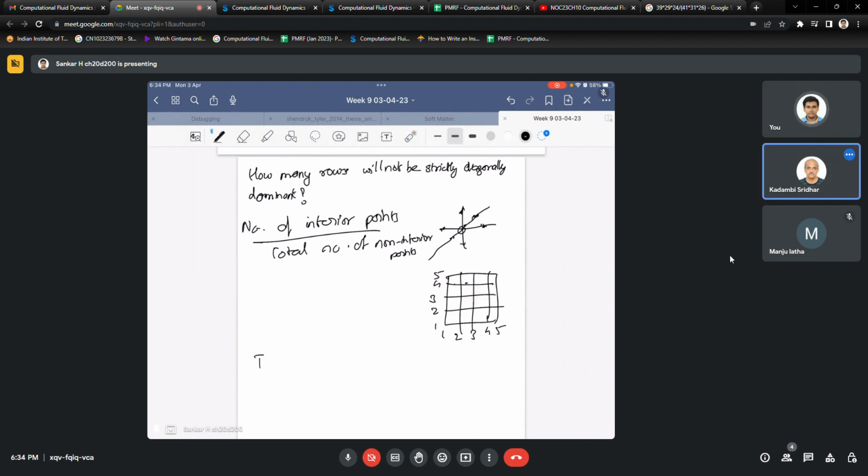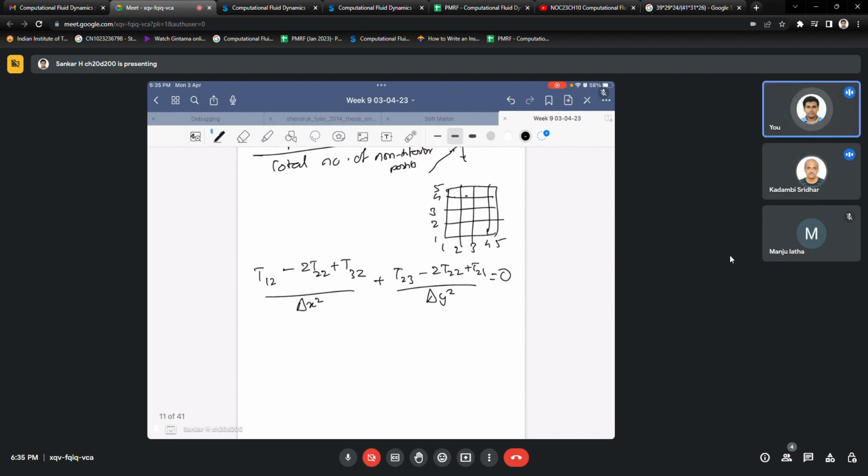T21 minus 2 T22 plus T23 over delta x square. You're going in the y direction. No, this is the x direction, right? So delta x square plus T23 minus 2 T22 plus T21 over delta y square should be equal to 0.